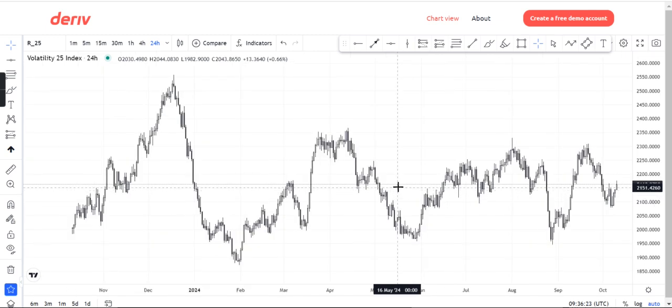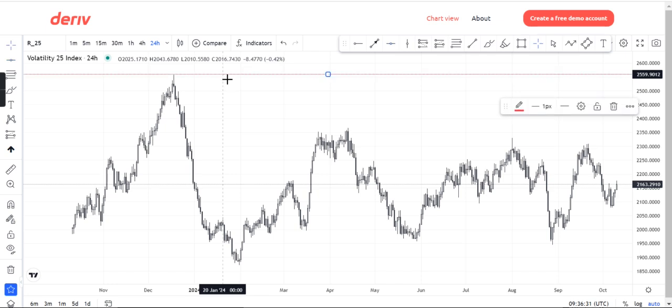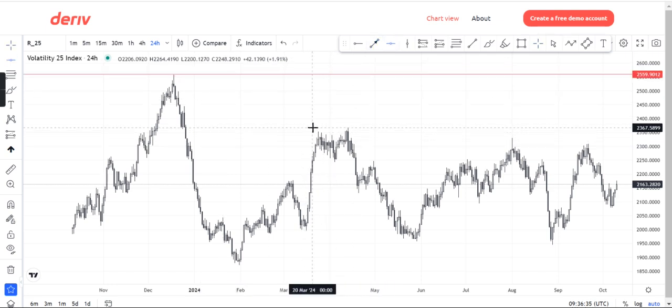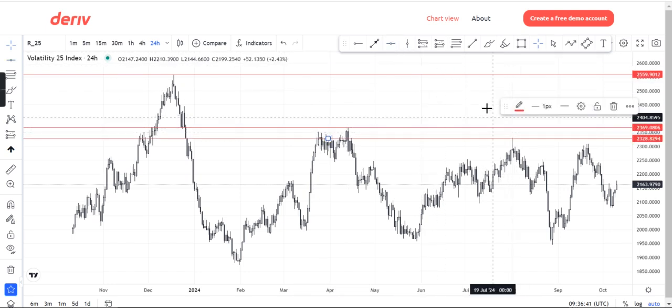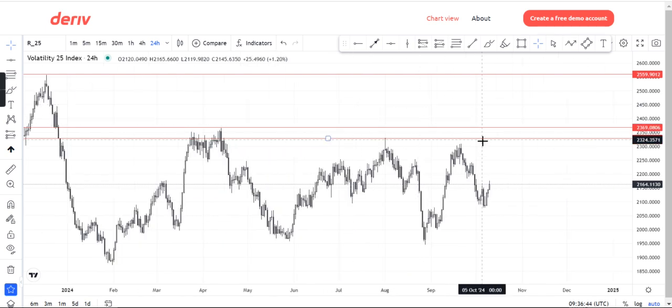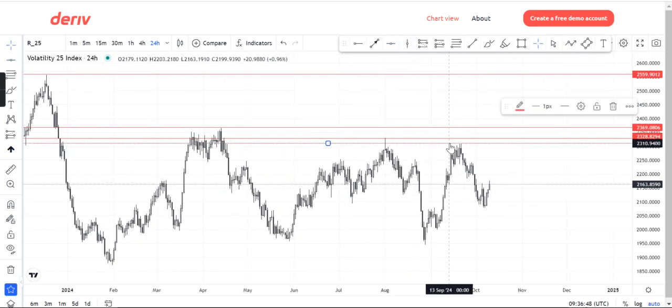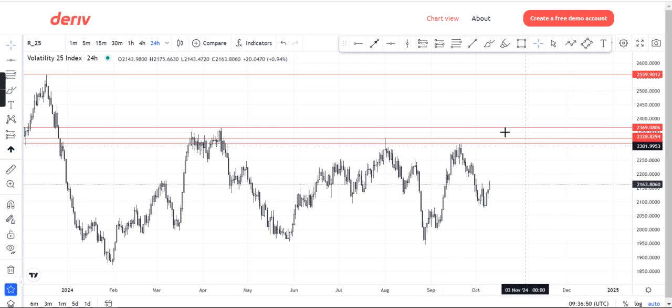Now, ideally, we are on a downtrend, reason being that we've created these levels: a high, a lower high, also a lower high at this point, and then we've created another lower high at this point.